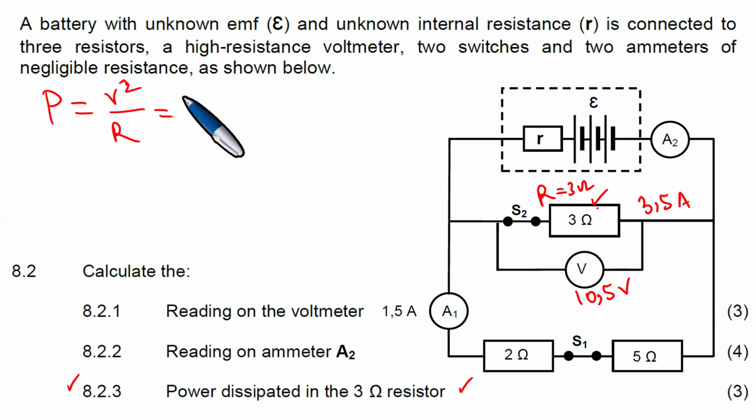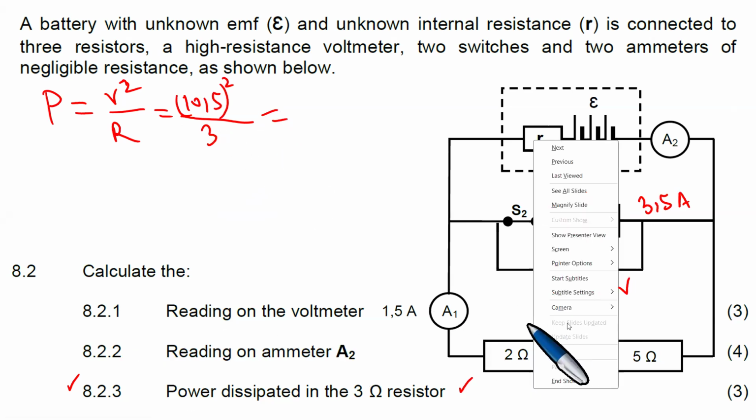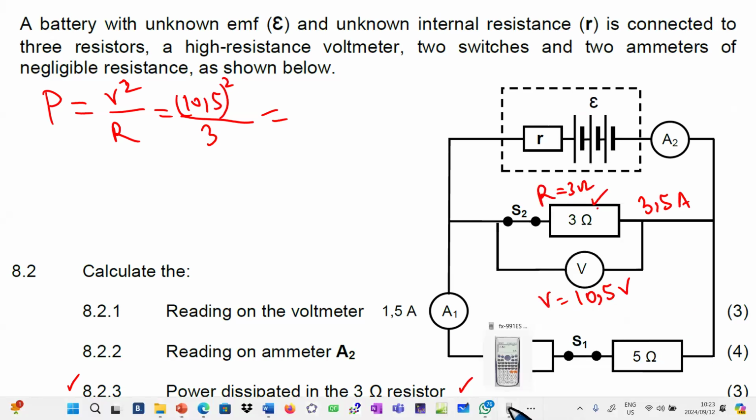So you're going to have exactly the potential difference V, which is 10.5. You square that divided by the resistance, which is exactly 3, and we're going to use our calculator and obtain the following.